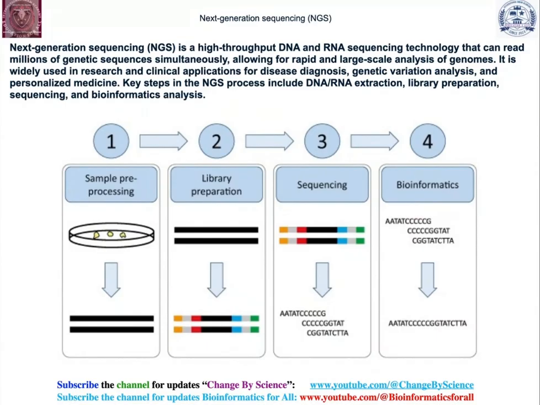If you are working in the lab, then your main concern is up to DNA and RNA extraction. But the library preparation is mostly carried out by the service provider, that is the NGS service provider, from where you are taking the sequencing service. Then it starts sequencing processes.